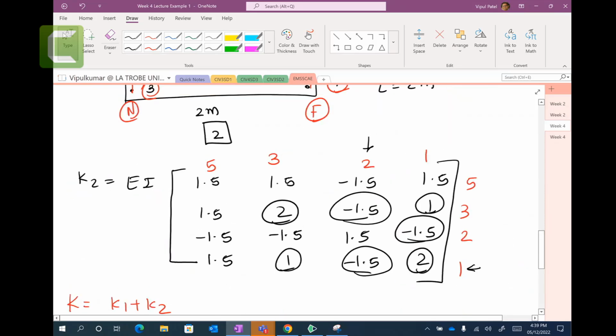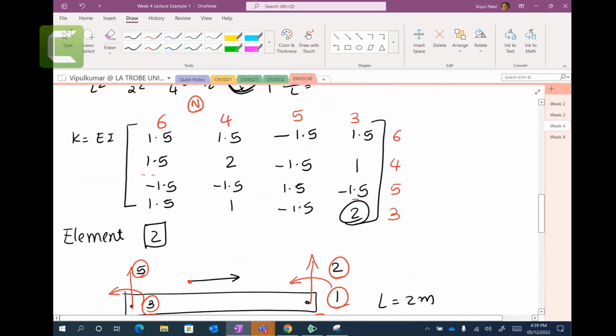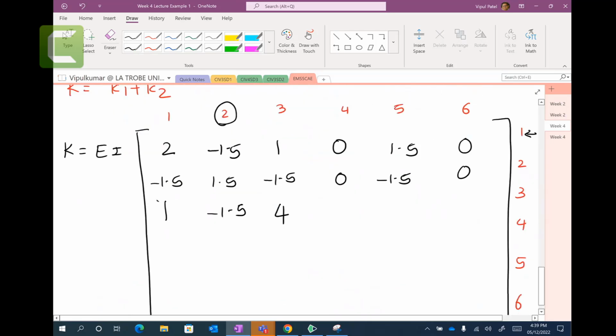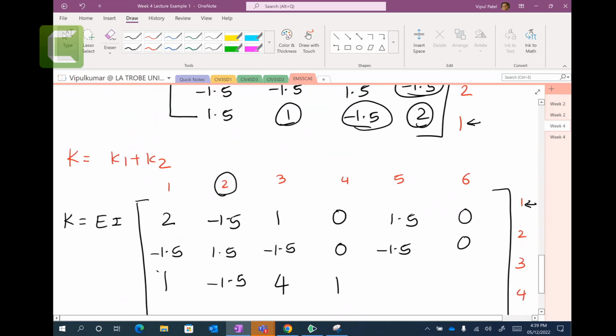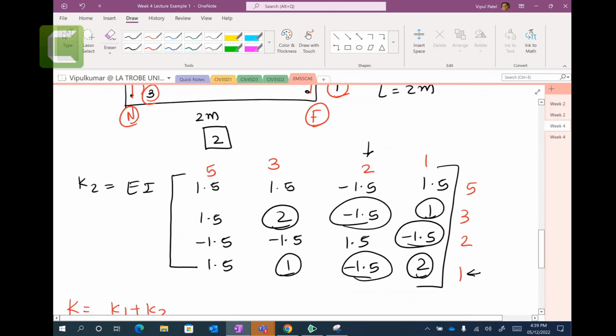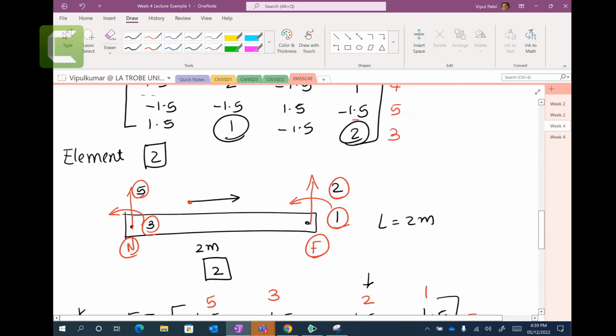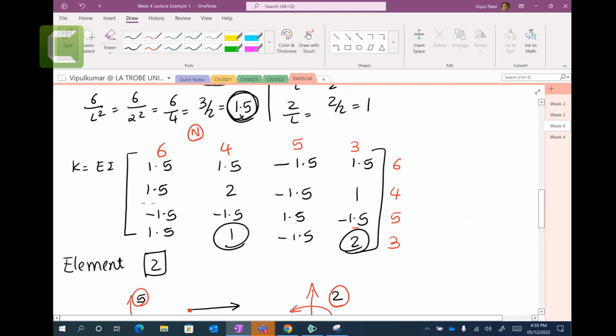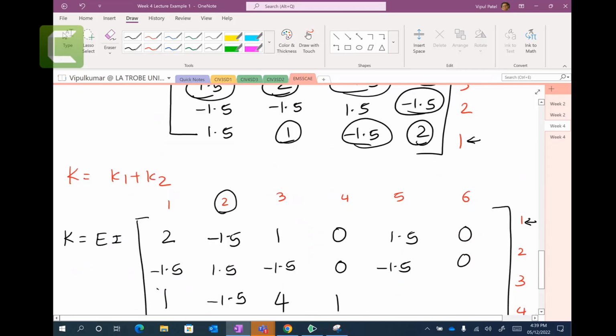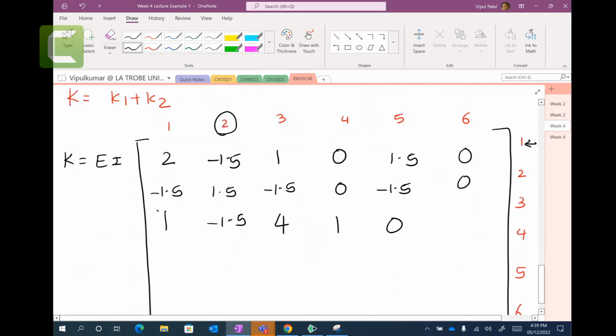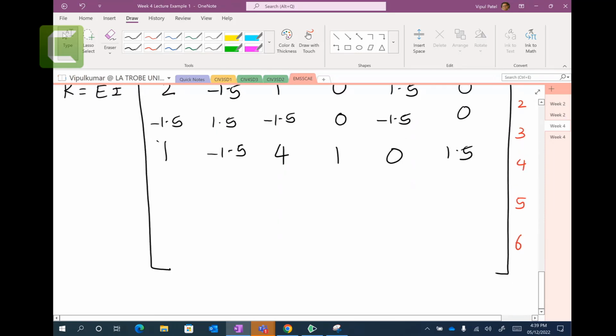Column 4, row 3, 1. Column 5, row 3, 1.5 and minus 1.5, so that becomes 0. I hope you get the story. So I can just write it down for you.